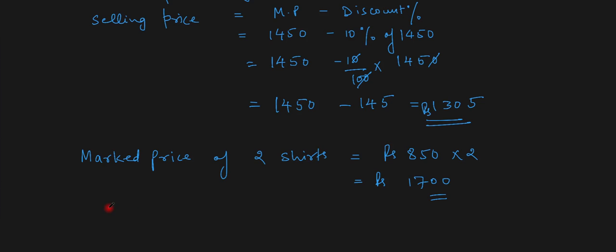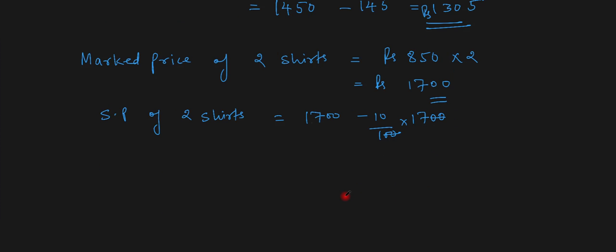Now the selling price, that is SP of two shirts, will be equal to 1700 minus 10% discount. 10% of 1700, so two zeros cancel out: 1700 minus 170.